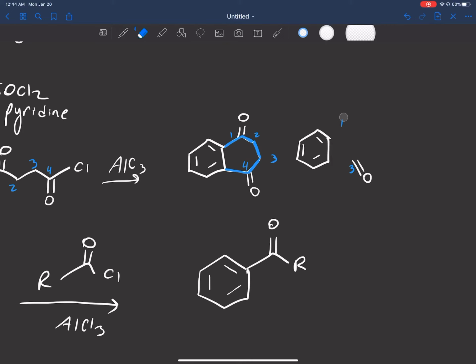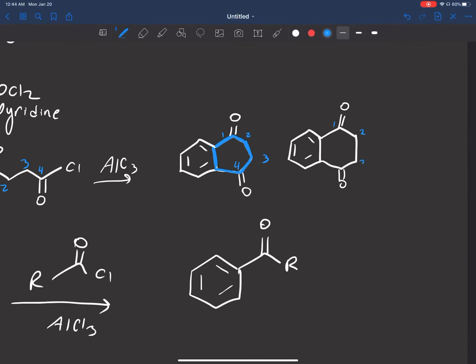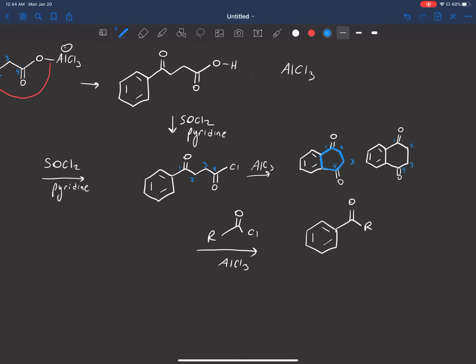Oh, and I messed up. So it's actually going to be 1, 2, 3, 4, 5, 6-member ring. Because remember, it's sharing a side. So you're going to have carbonyl, carbonyl, and that's going to be right here. 1, 2, 3, 4. All right, so we can create these cool intramolecular Friedel-Crafts essentially.